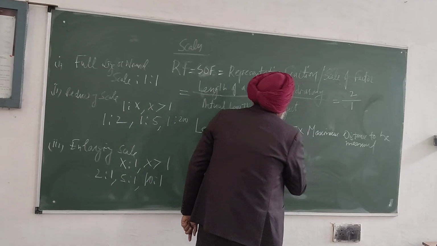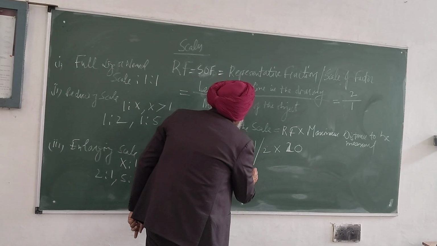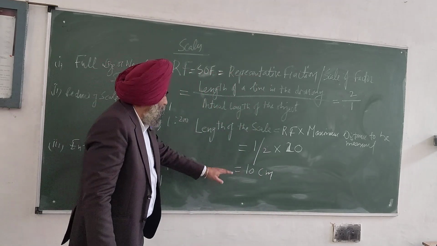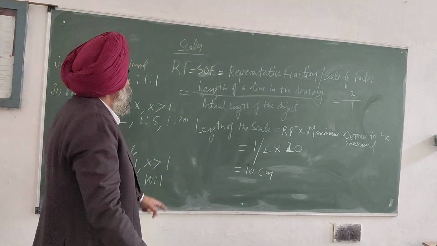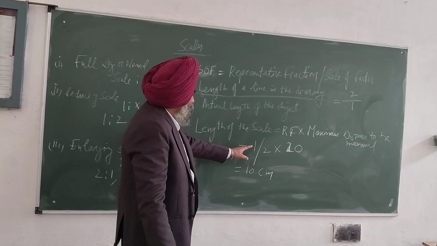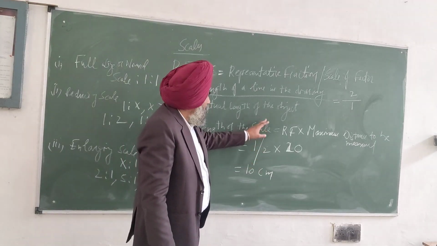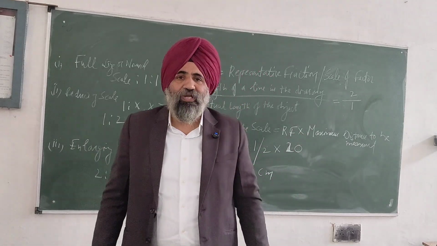If I multiply 1/2 into 20, we get 10 centimeter. So on a scale of 10 centimeter, we draw 10 centimeter, which represents your 1/2 representative fraction, and the maximum distance which can be measured is 20.